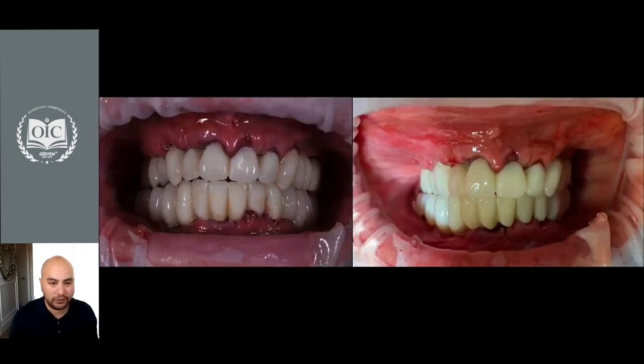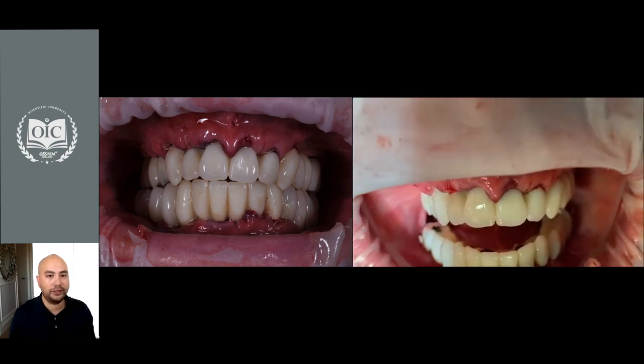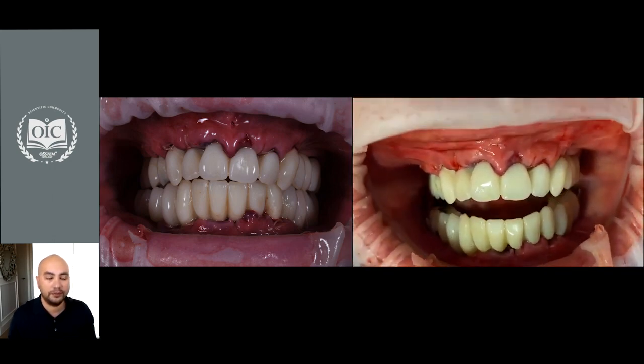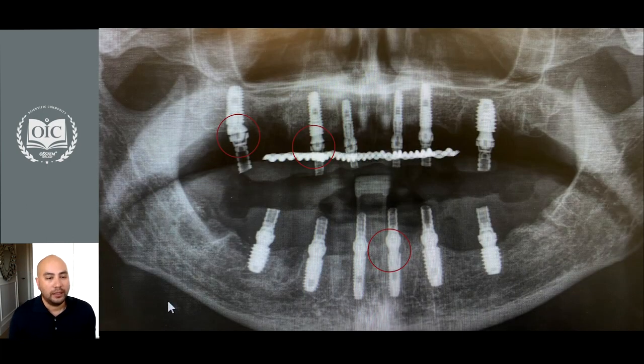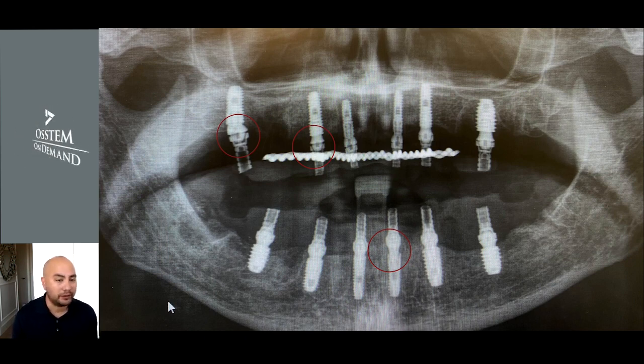And then the result is adequate, as you can see in this case, with adequate occlusion. And then always take a post-operative OPG. You can see here we have a few issues. One is the inadequate fit of the prosthesis on the maxilla. This is due to sometimes excessive pressure on the pontics.